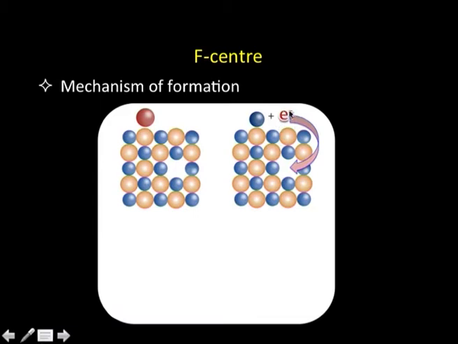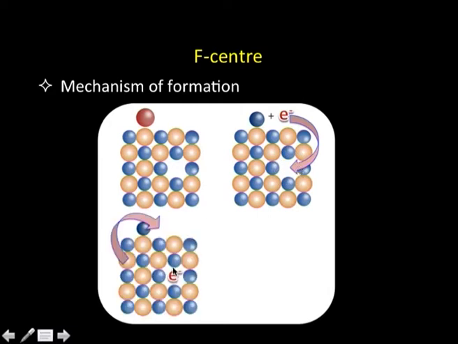And then this free electron moves along the crystal and gets into an anion vacancy. So, we have an electron trapped in an anion vacancy, but simultaneously there is an anion elsewhere.